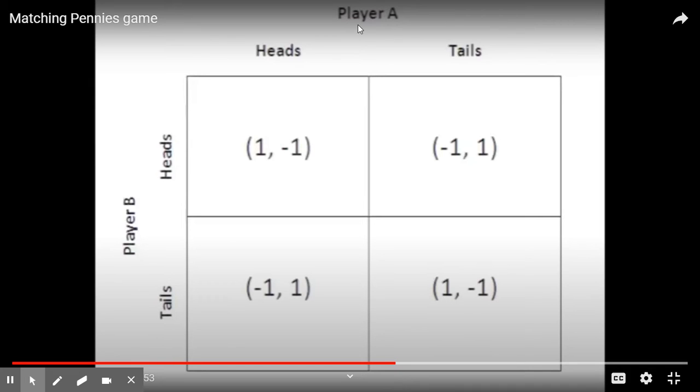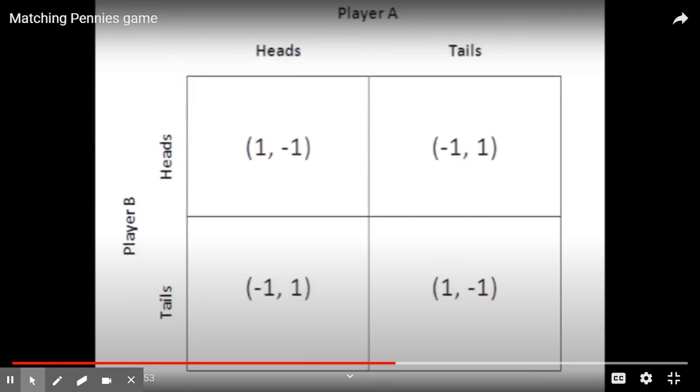If player A chooses head, player B has two choices, head and tail. Looking column-wise, if he chooses the head, he will win the game because the payoff is 1, and if he chooses the tail, he will lose the game, which is -1.